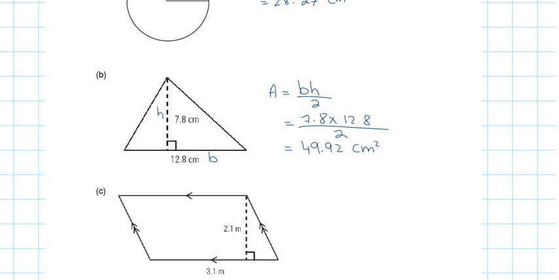Knowing how to do the 2D shapes is going to help you to find the volume and the surface area of the 3D shape, because 3D shapes are composite of 2D shapes. If I take a 3D shape, no matter what shape it is, and I split it into pieces, it's going to be made of 2D shapes.